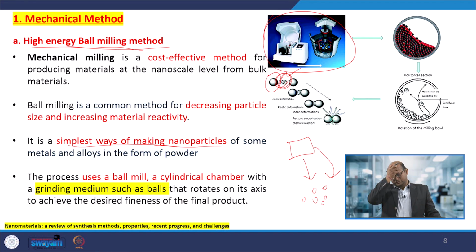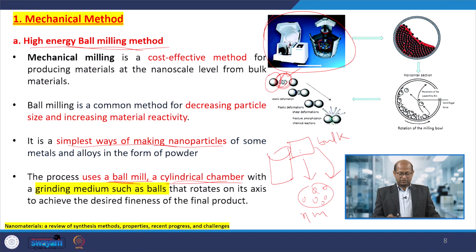In this method we use a ball mill and a cylindrical chamber. In the cylindrical chamber we place the starting material, whatever bulk material you want to make into the nano range, and then we put in some balls. The balls may be tungsten carbide or other types, depending on the application or our availability.